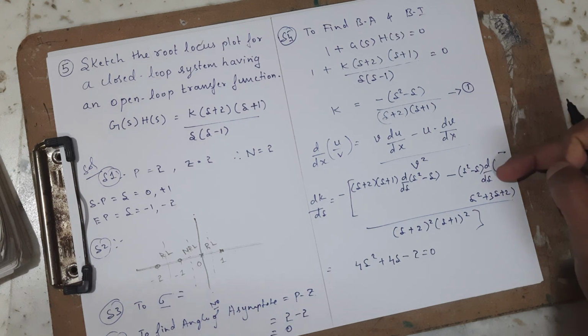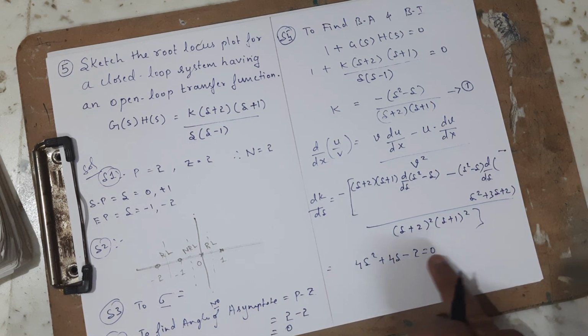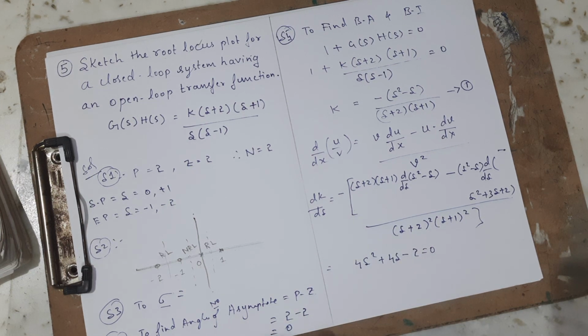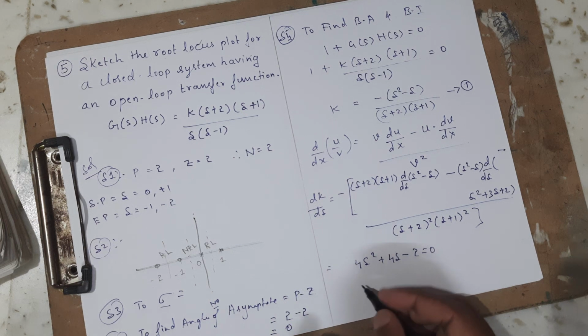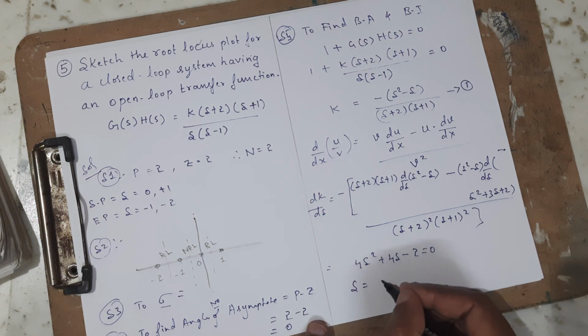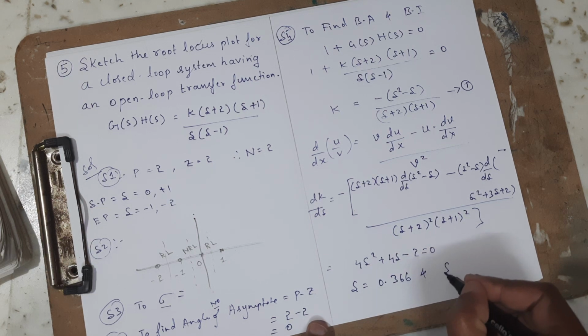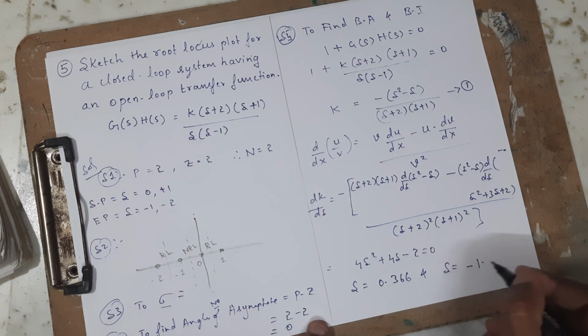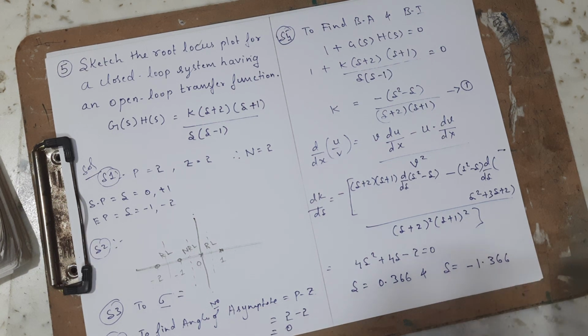After applying this, I am going to simplify it and I am going to get this equation. All of you please verify this one. Okay, with the help of calculator I am going to solve this. So I am going to get s is equal to 0.366 and s is equal to minus 1.366. So we got two values.